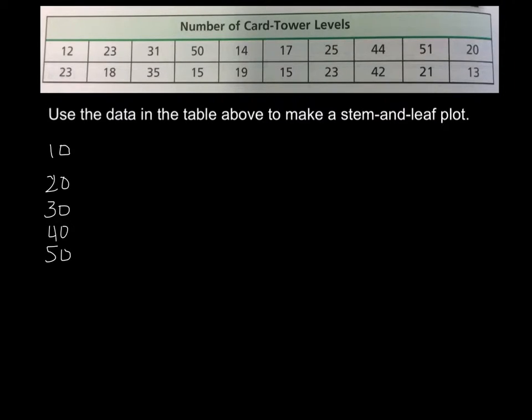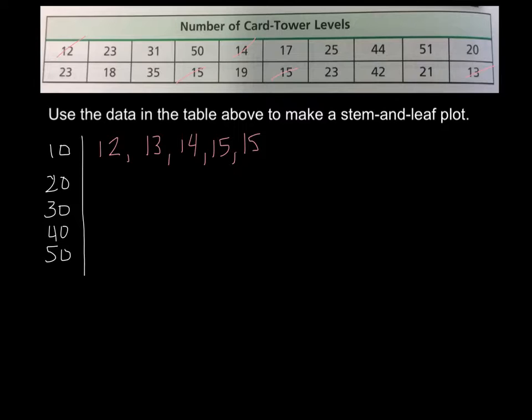So now I'm going to order my data from least to greatest. In my 10s, I see I have a 12. It appears that's my smallest. So 12, I have a 13, and a 14, and two 15s. So 13, 14, 15, 15.